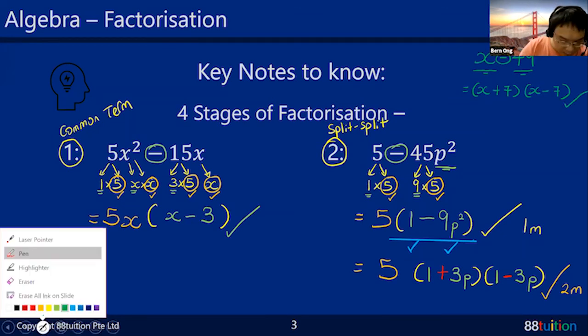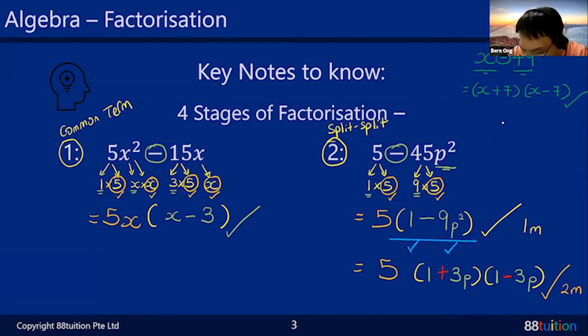One more example. Why not? For example, we have what? 4x squared minus 81. Is 4x squared a perfect square? Yes. 4 is 2 times 2. X squared itself is a perfect square. 81 is 9 times 9, a perfect square. Separated by a minus, yes, we activate the split.